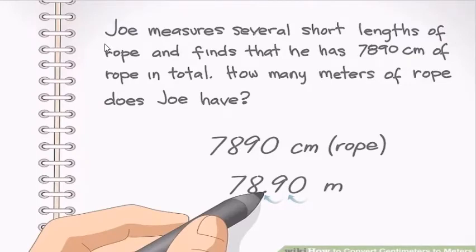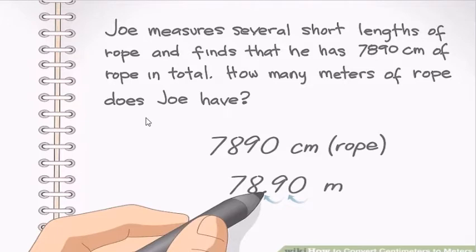Okay kids, let's see how to convert centimeters into meters. Let's see this question now. Joy measures several short lengths of rope and finds that he has 7,890 centimeters of rope in total. So how many meters of rope does Joy have?